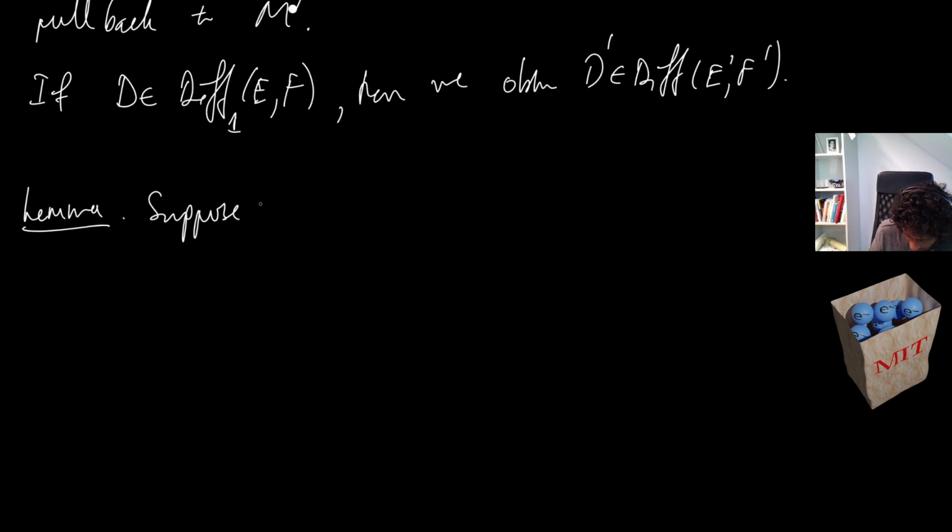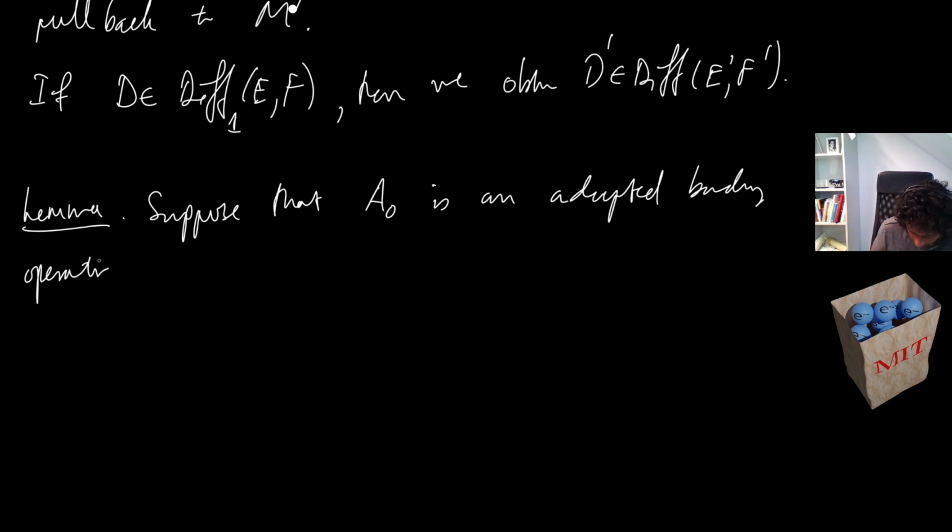Suppose that A naught is an adapted boundary operator on N1 equals N, okay?